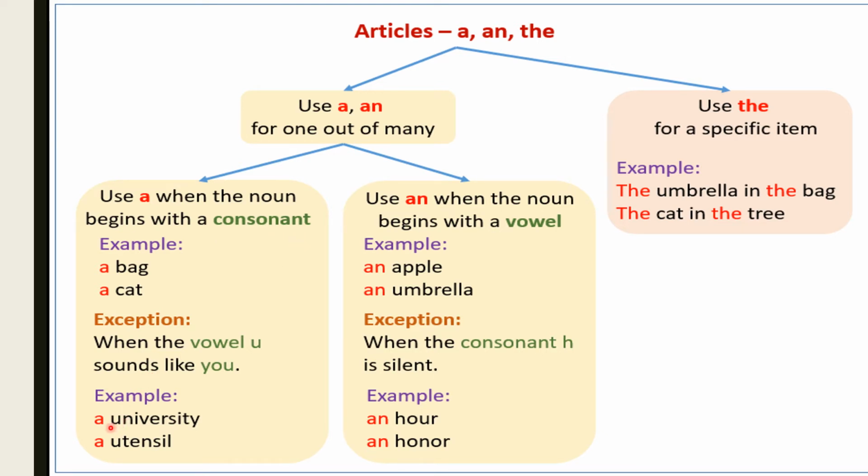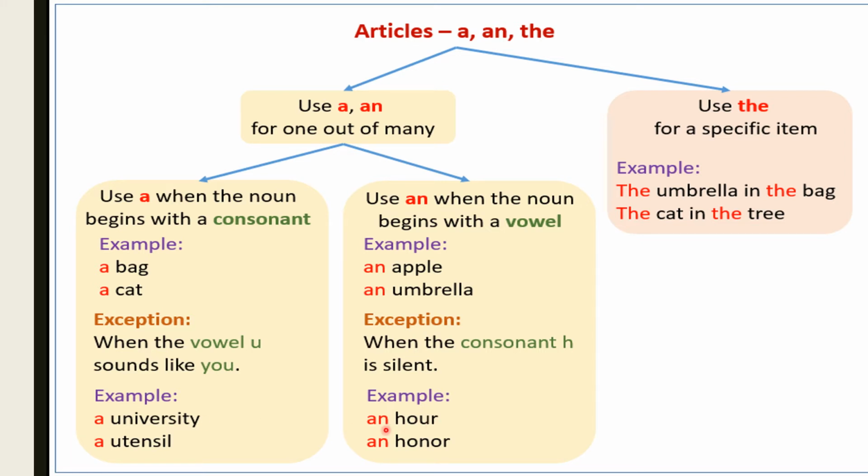But here, in university and utensil, why am I using a? Here it is U. U is a vowel. So why am I using a here? Because the pronunciation is university, yuniversity, and y is a consonant sound, not a vowel sound. That's why I am using a here.